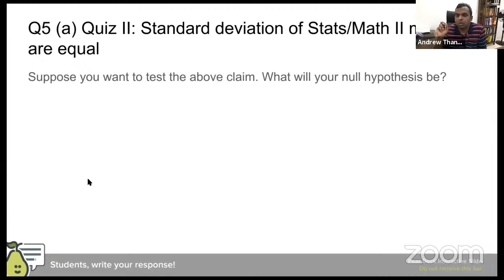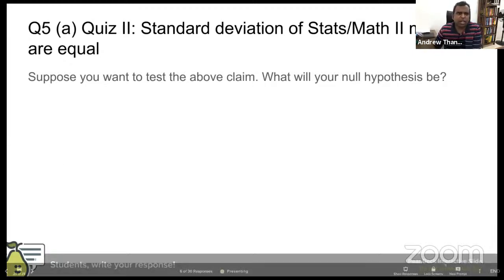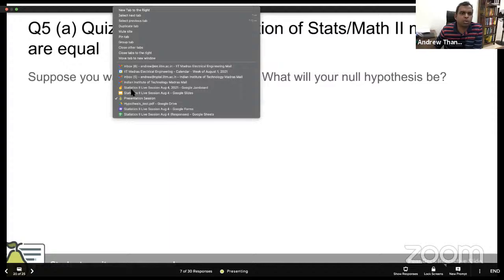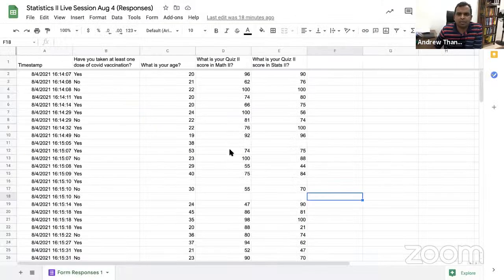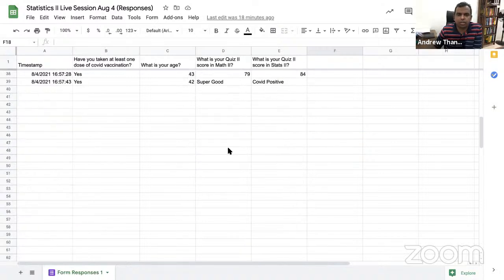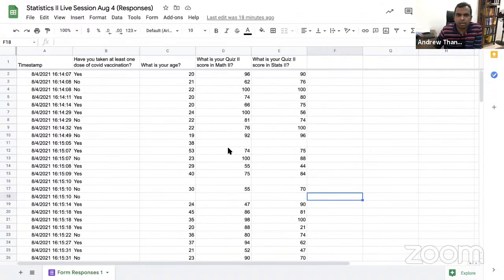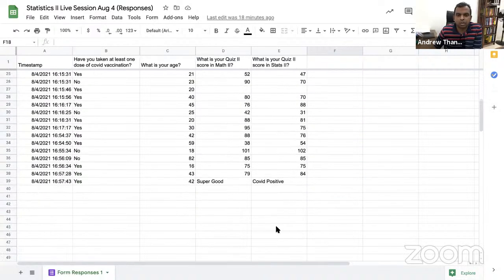Okay, so let's compute. Did we actually compute the standard deviation for both math and stats? I'm not sure if I computed it. I got something like 14. Yeah, only math we computed, I think. So let me just compute.